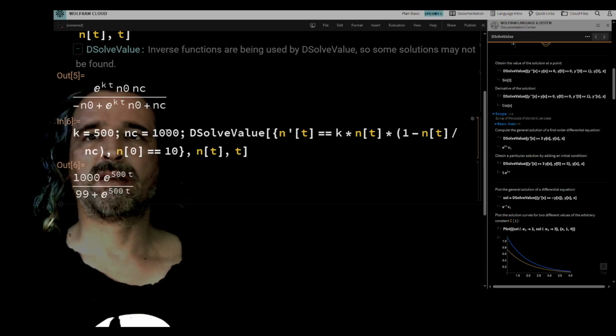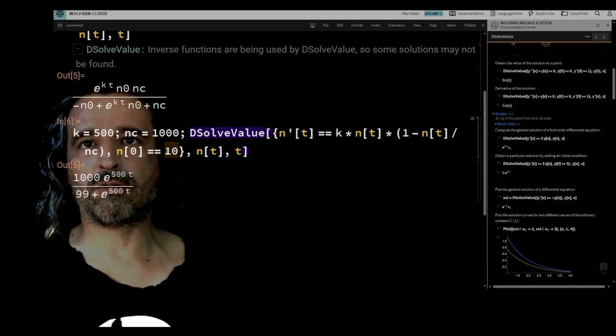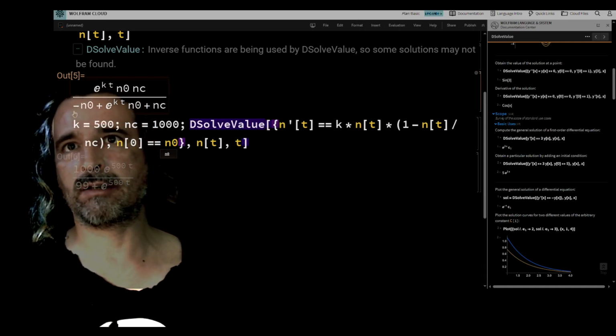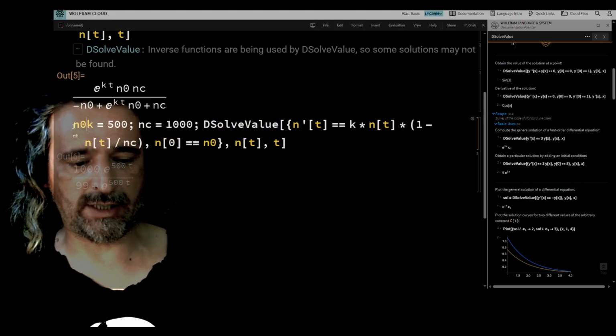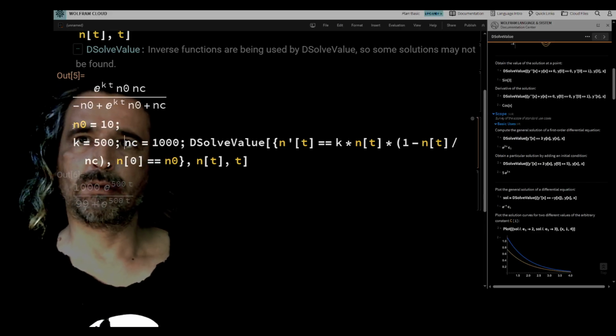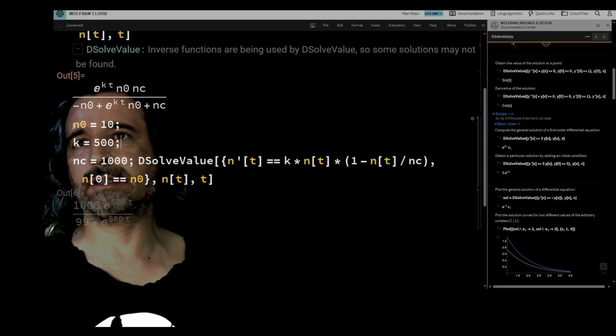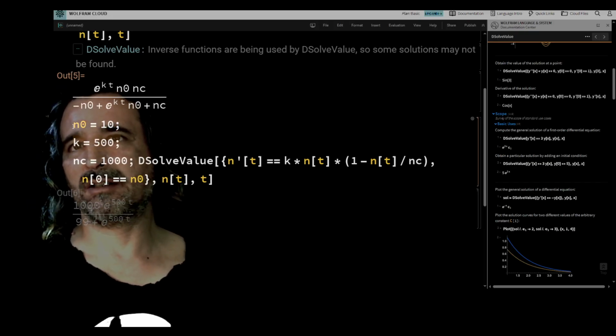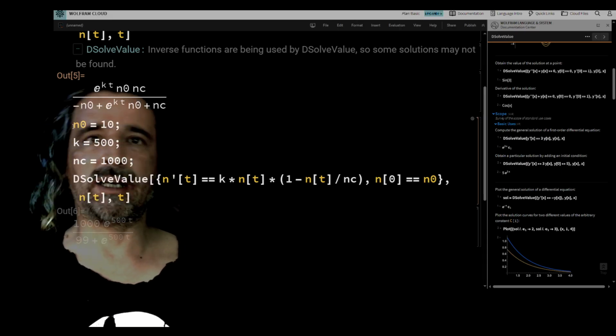But in fact, I can put N node equals 10. That's more general, right? So in that way, you just change N node at the beginning of your code. So you are fixing N node to 10, K to 500, NC to 1000. And here is the equation.